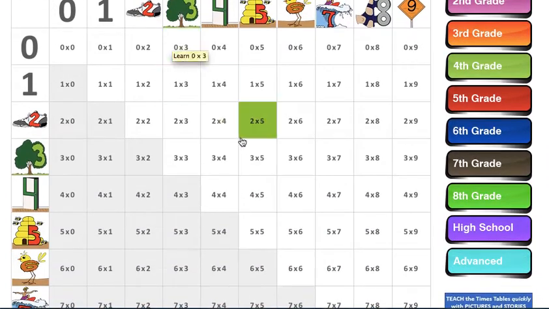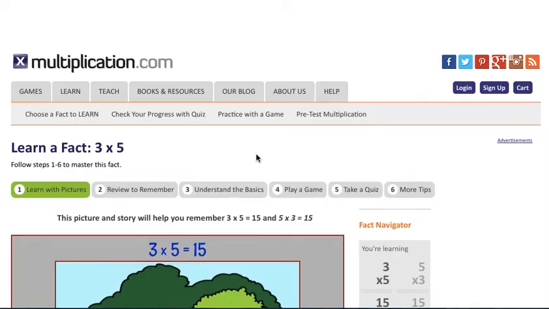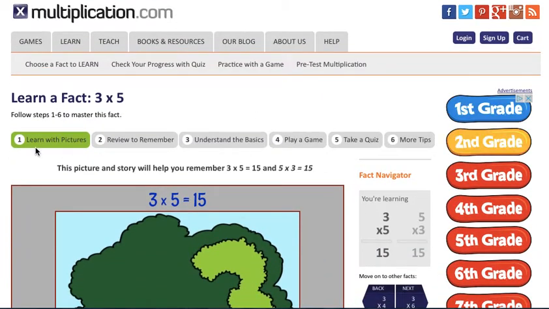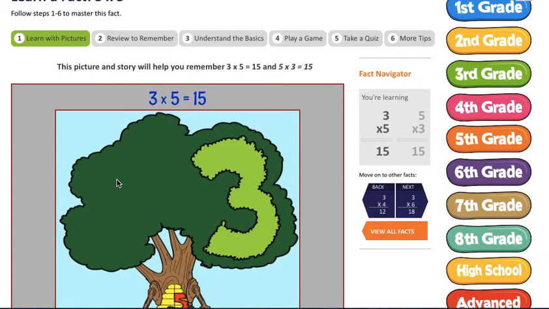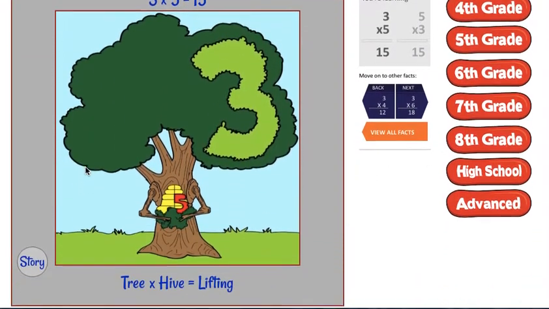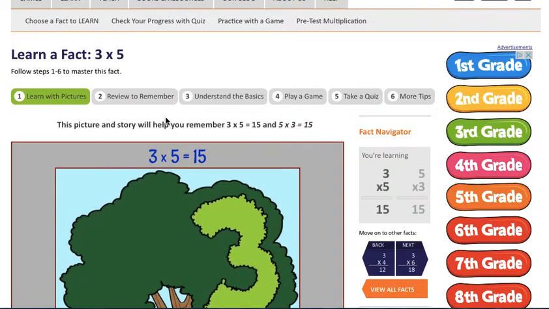Just a quick review. To learn a fact, you click on a square. You're going to do Learn with practice and play the story. You're going to skip Review to Remember.